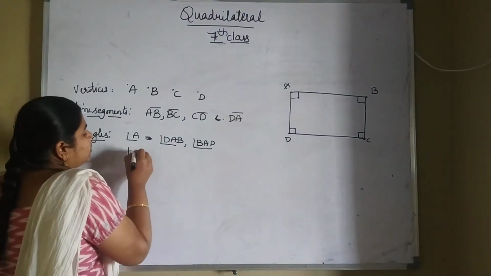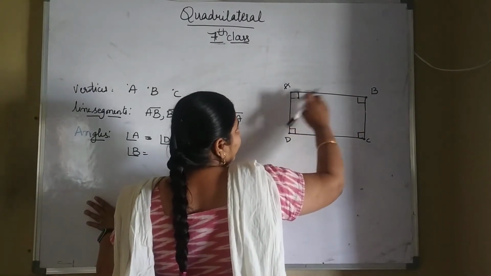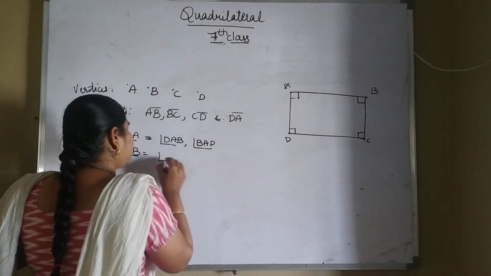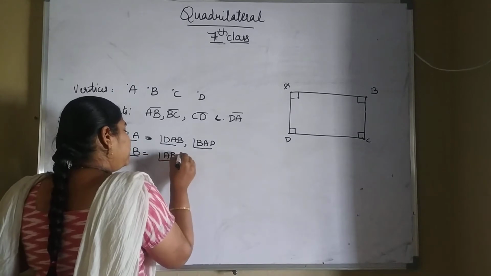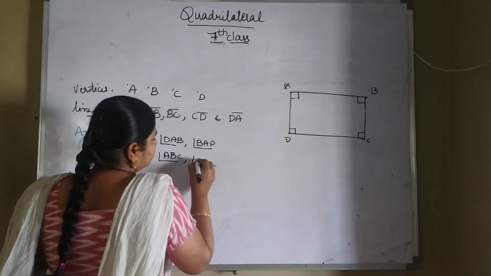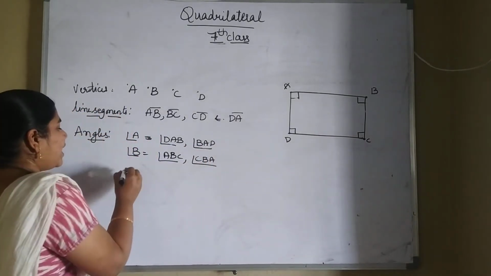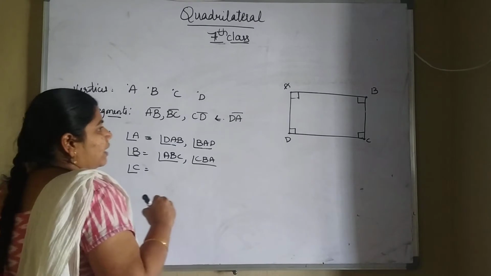And the next angle is what? Angle B. Angle B can be written as ABC and also as CBA. Next, angle C. How will you write angle C?